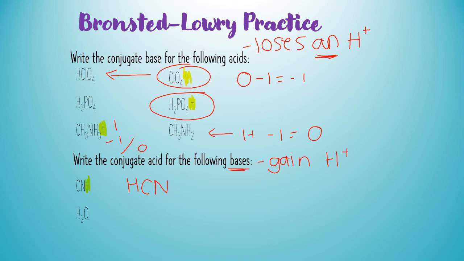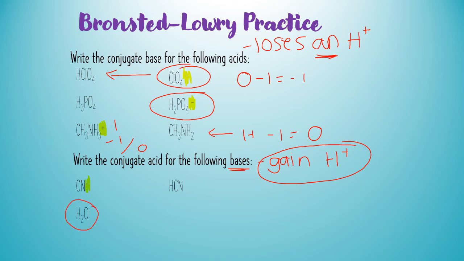And then thinking about the charge, it's a negative 1 right now, but it gains 1, so plus 1. What's negative 1 plus 1? 0. There's no charge. And it's just HCl.